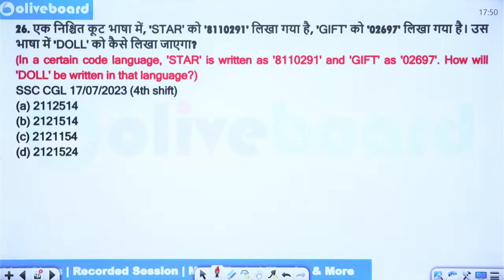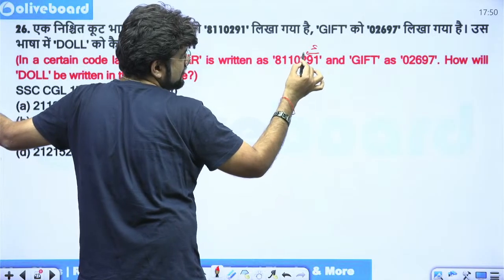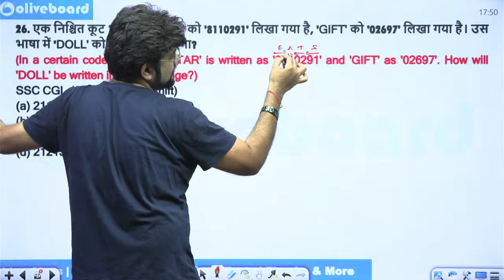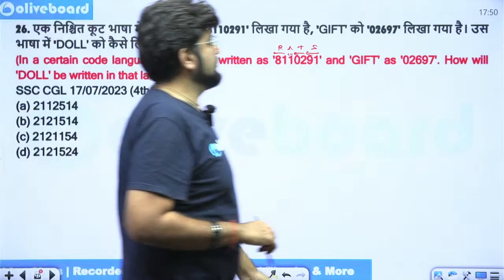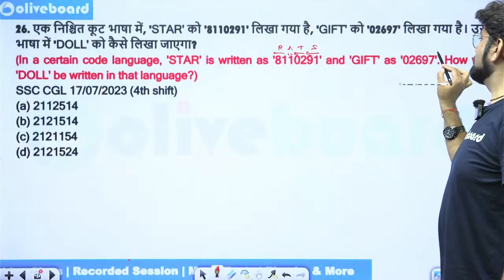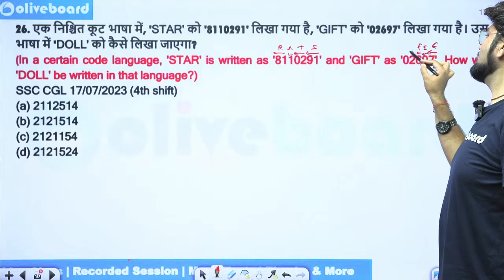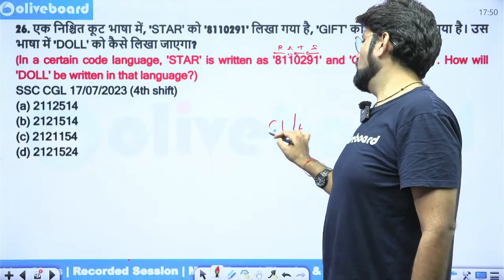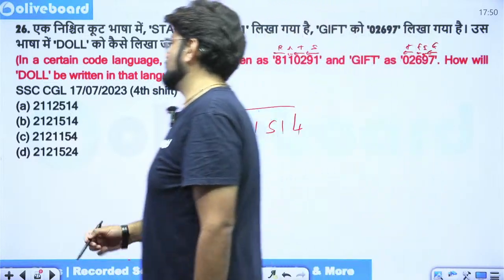Then when you observe it from the end, you realize that S means 19, E means 20, A means 1, R means 8. They are flipped in place values also. G means 7, I means 9, F means. What is the code for doll? So it is O, 121514.